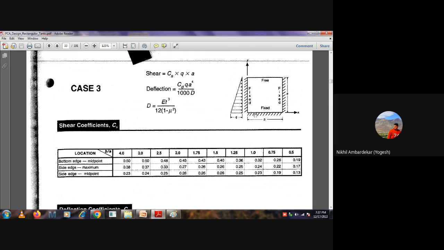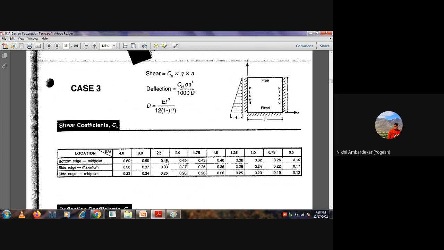So this table gives, similar to the bending moment, many locations from point 1A to point 9A, and from left to right, point 1B to point 5B.